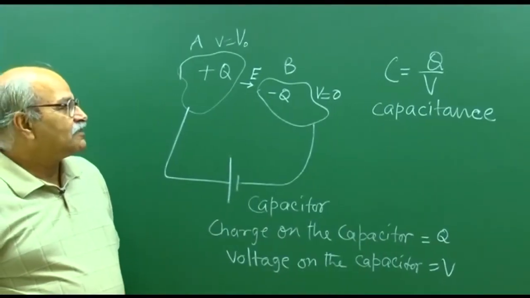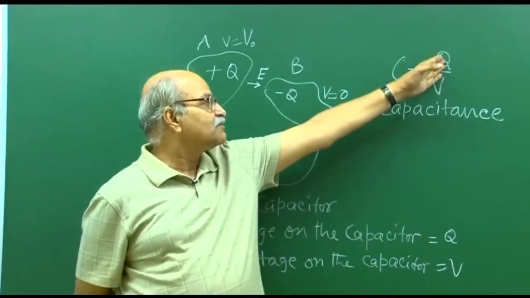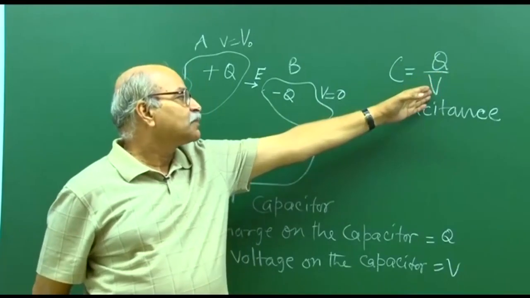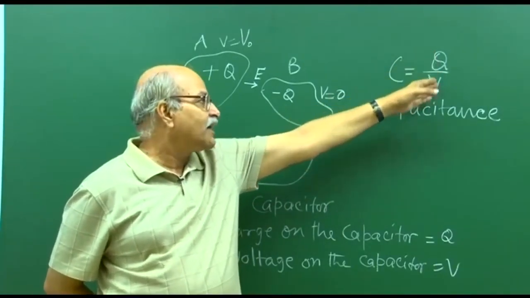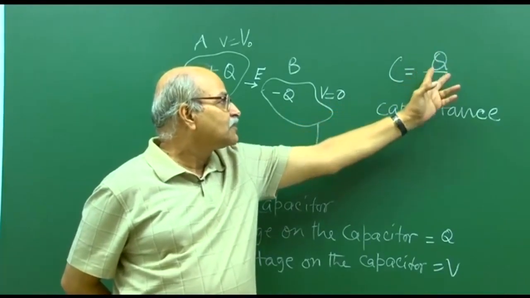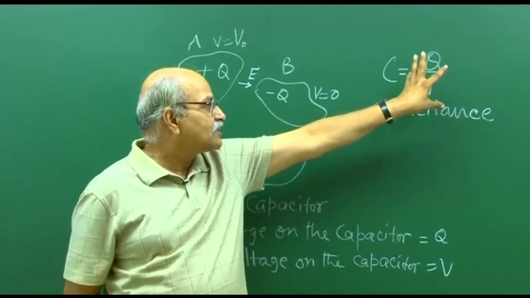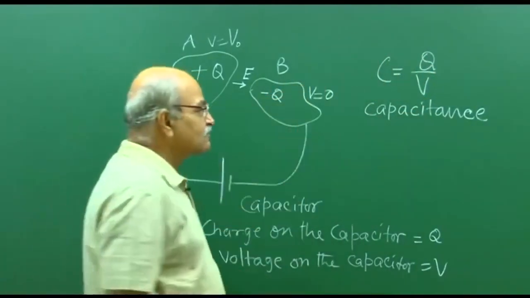So what would be the unit? Q charge is measured in coulombs, SI unit. Potential difference is measured in volts, and when you divide coulombs by volts, the unit you get is known as farad.